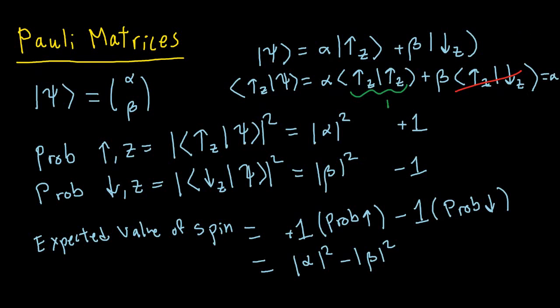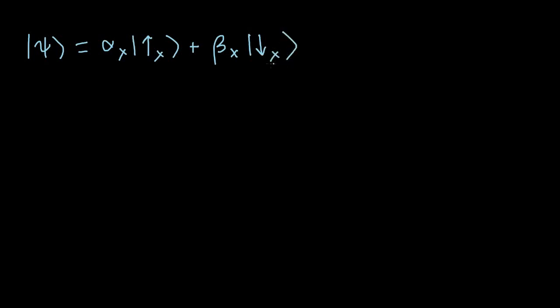But there's nothing fundamentally special about the basis of spin states along the z direction. If, for example, we had a state psi that was equal to alpha sub x times the spin up state in the x direction plus beta sub x times the spin down state in the x direction, then it would be very easy to see what the expectation value of spin for measurements in the x-axis would be.